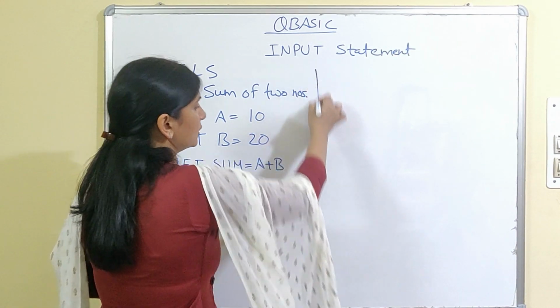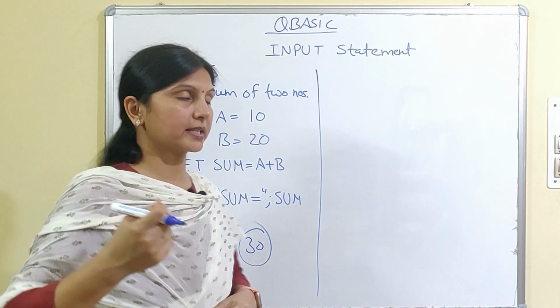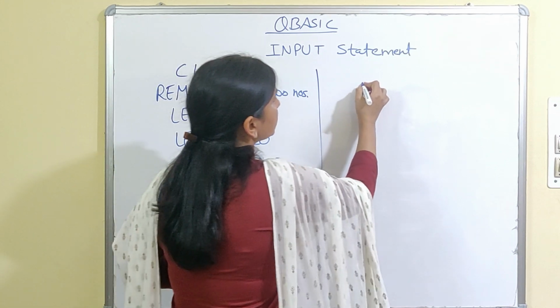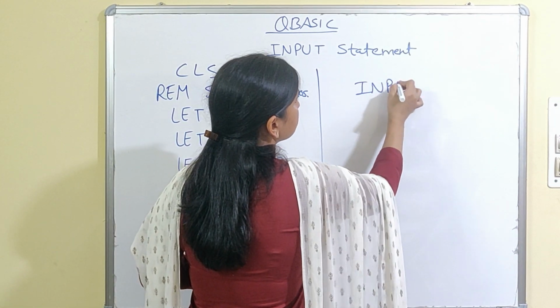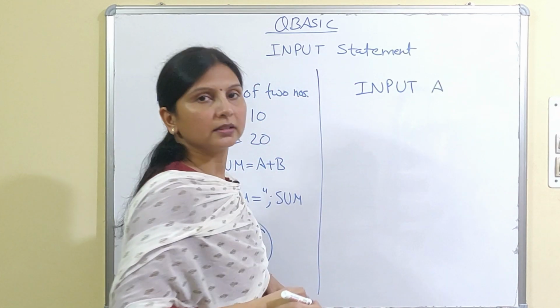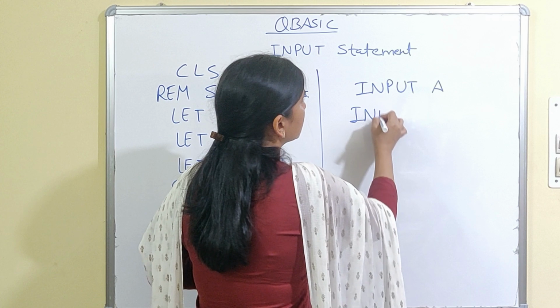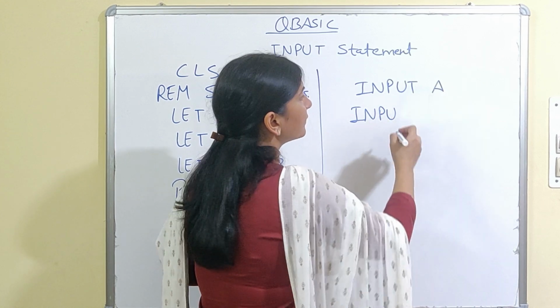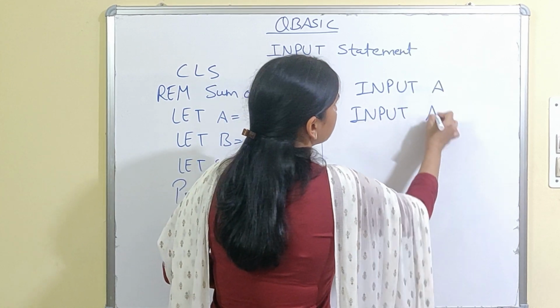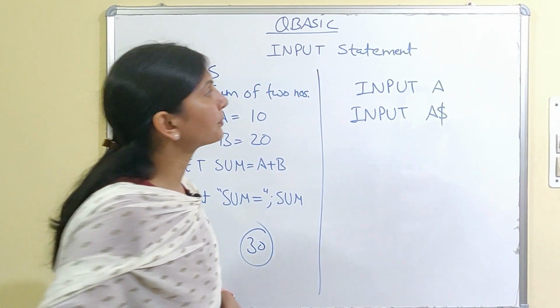Now, first we will see what the syntax of the INPUT statement is. You can write INPUT with the variable name A, or, since this is a numeric variable, you can also use a string variable like INPUT N$.